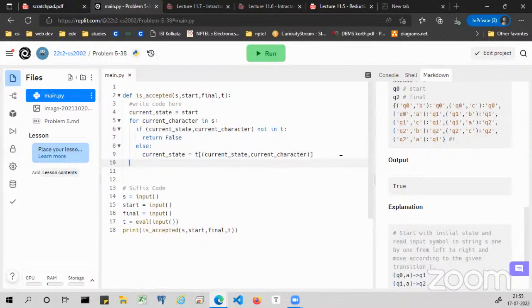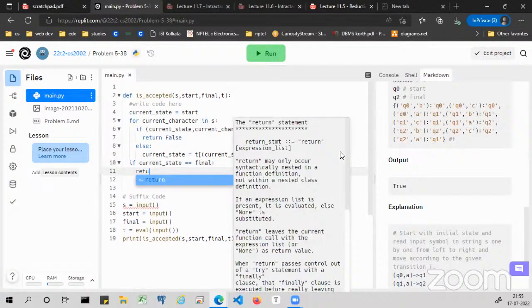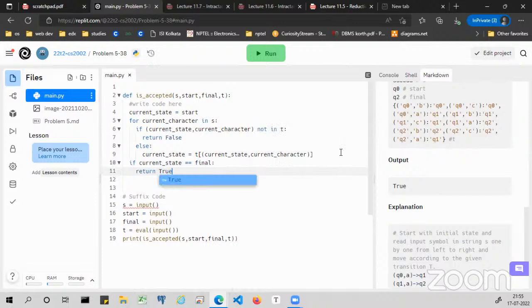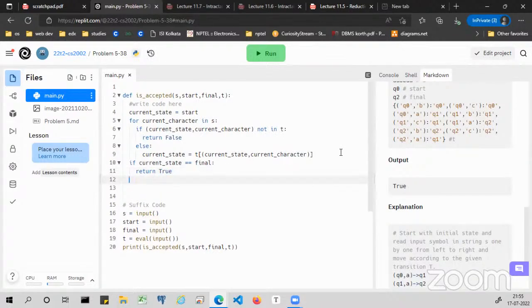Now I would just check whether the final state that is given to me is equal to the state where I have currently reached, right? The last state, which is my now current state, is equal to final state or not, right? If it is equal, you return true now. If it is not equal, then you again return false.